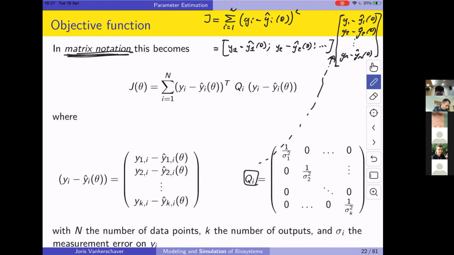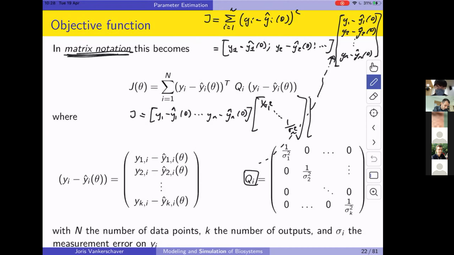What I will get is y1 minus y1 hat theta, and so on, yn minus yn hat theta, and then this Q matrix. It's a diagonal matrix, so I can just write down the diagonal elements, 1 over sigma 1 squared up until 1 over sigma n squared, and then times this column vector, y1 minus y1 hat, yn minus yn hat.